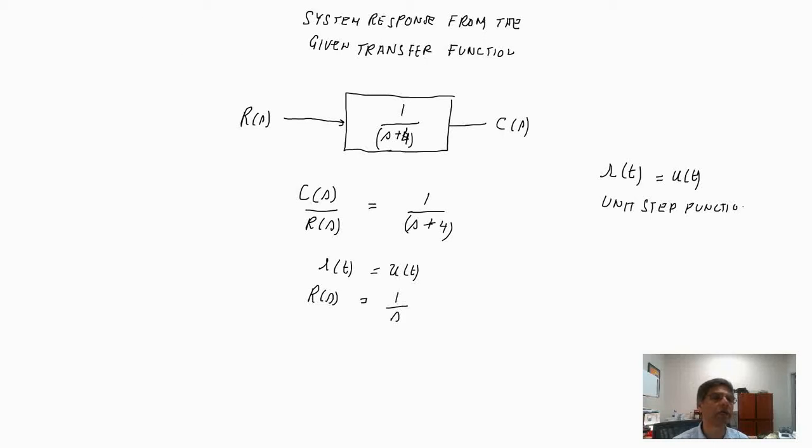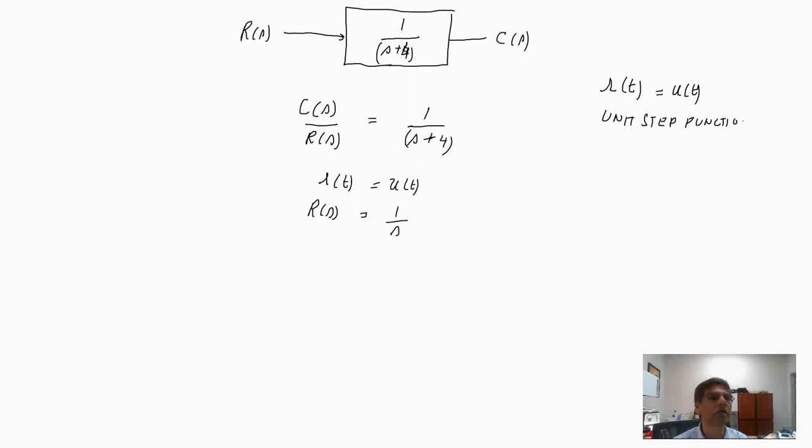So we can easily find c of s, can we not? Since we're trying to find the system response of this system, we can say that c of s is equal to R of s times G of s. Makes sense? Because to begin with, this is G of s, and we know G of s is 1 over s plus 4, isn't it?